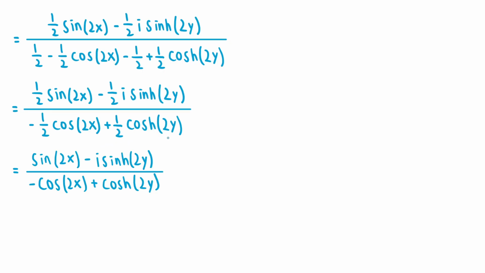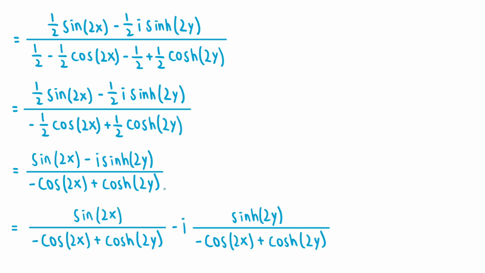If we multiply both the numerator and denominator by 2, we get sine of 2x minus i sinh of 2y over negative cosine of 2x plus cosh of 2y. If we split the expression into its real and imaginary parts, we end up with sine of 2x over negative cosine 2x plus cosh of 2y, minus i times sinh of 2y over negative cosine 2x plus cosh of 2y.